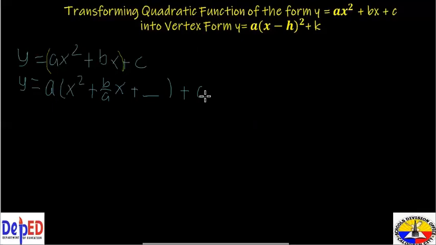To make this a perfect square trinomial, we divide b over a by 2 and then square it. So b over a divided by 2 is b all over 2a, and then square the quotient.